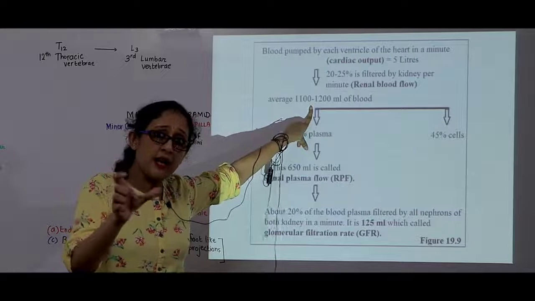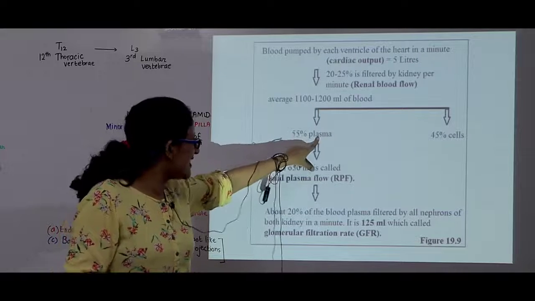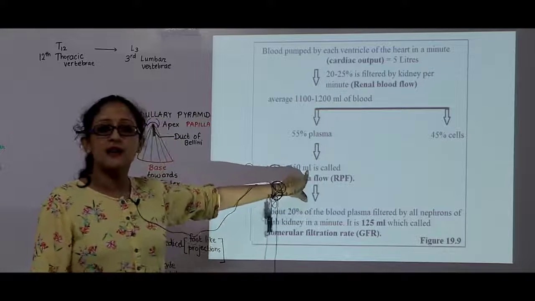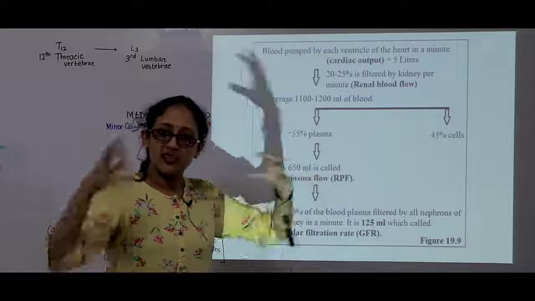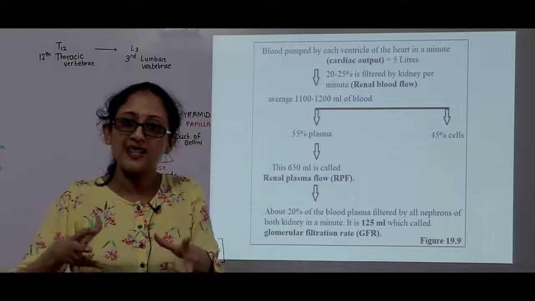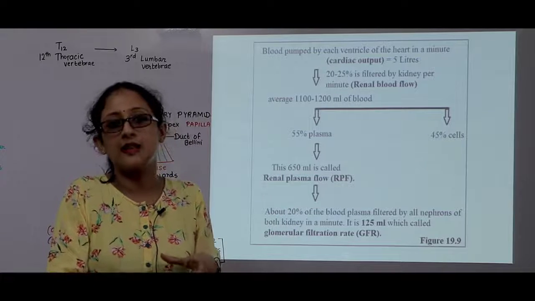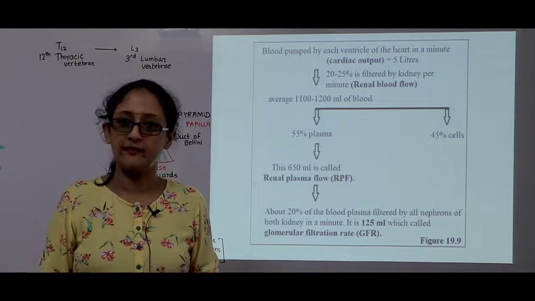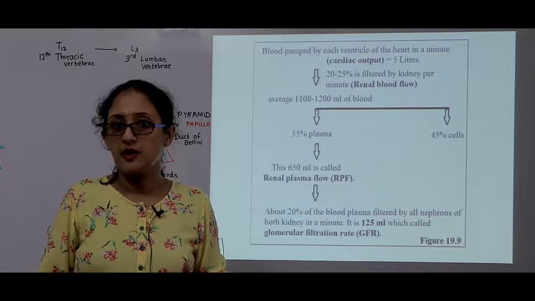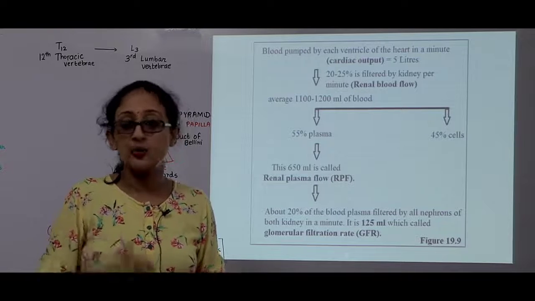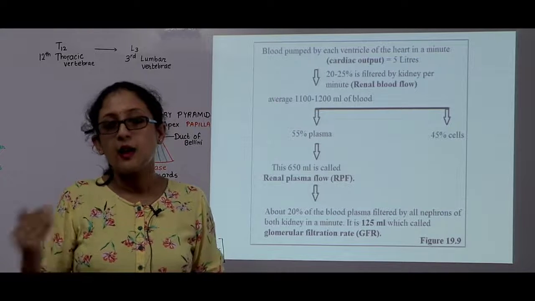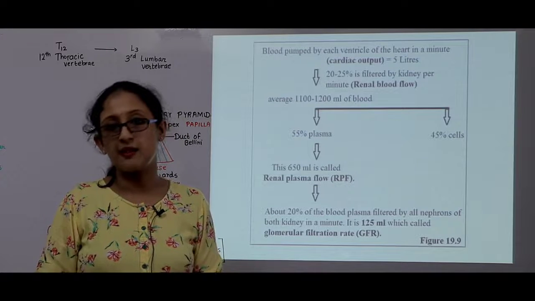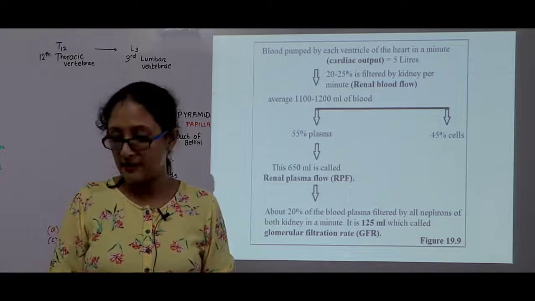But in that blood, only 55% is plasma. So 55% of this they have taken the value as 650 ml. So 650 ml of plasma enters into the kidney and how much ultimately comes out is 125 ml gets filtered out. So filtration fraction is 125 ml upon 650 ml, that is 20%. 1 upon 5 is 20%.